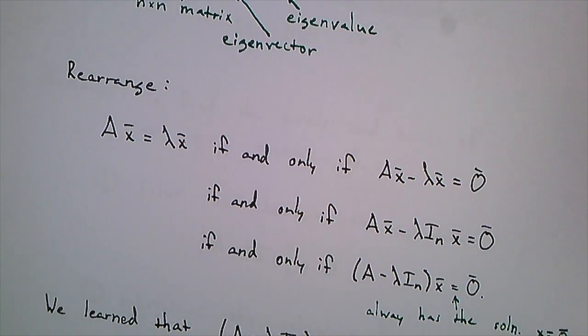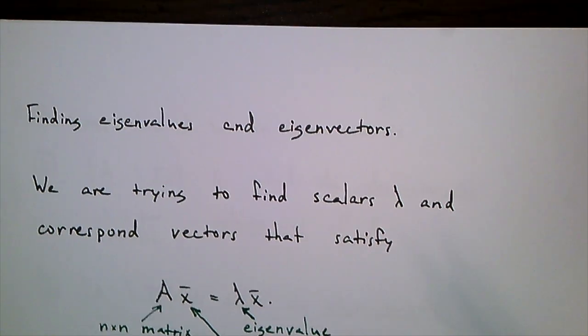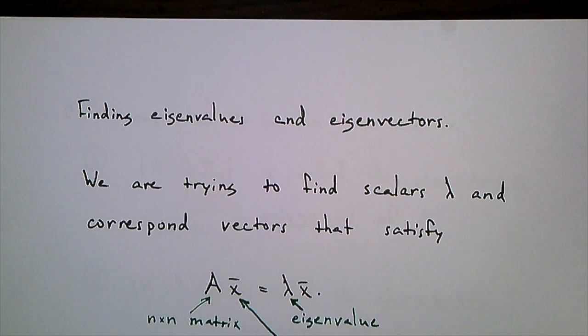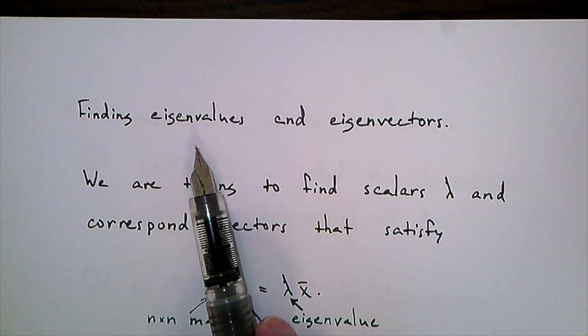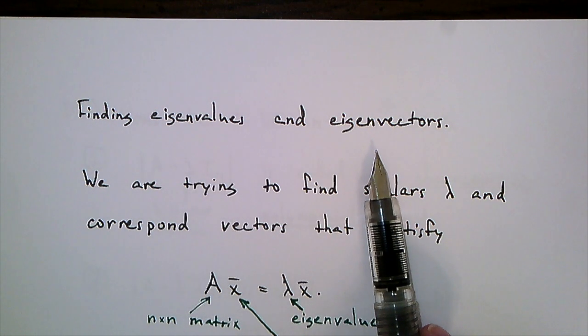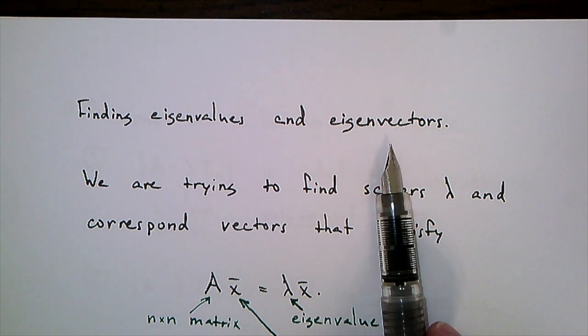So now that we've encountered this idea, something that we might want to do if we're given some matrix is actually find the eigenvalues and eigenvectors for a matrix. So in the example, I just gave you vectors, and they happened to be eigenvectors.